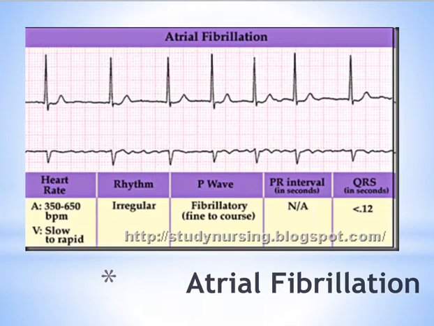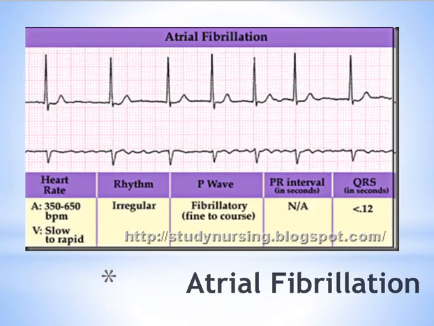So the problem is that when atria quiver, they're not pumping effectively, and blood has a chance to develop a clot, and that clot could then travel through the heart all the way to the brain and cause a stroke. So, in order to reduce this risk, we need to take some precautions, and most commonly, it's going to be an anticoagulant.